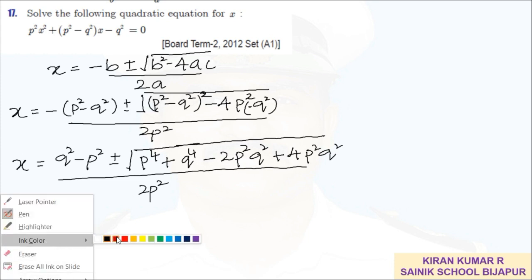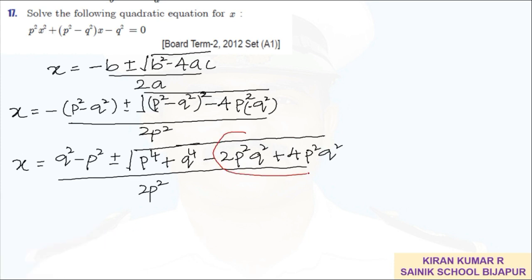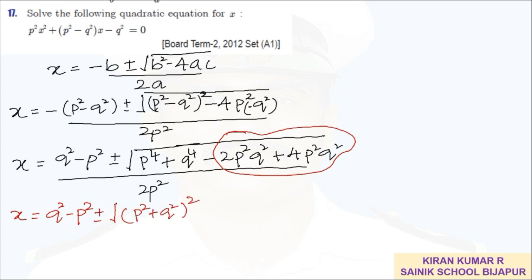Observe properly, these particular terms we can simplify and it becomes q square minus p square plus or minus root of, this becomes positive 2 p square q square. When you use that along with this p raised to the power 4 and q raised to the power 4, it becomes p square plus q square whole square divided by 2 times p square.